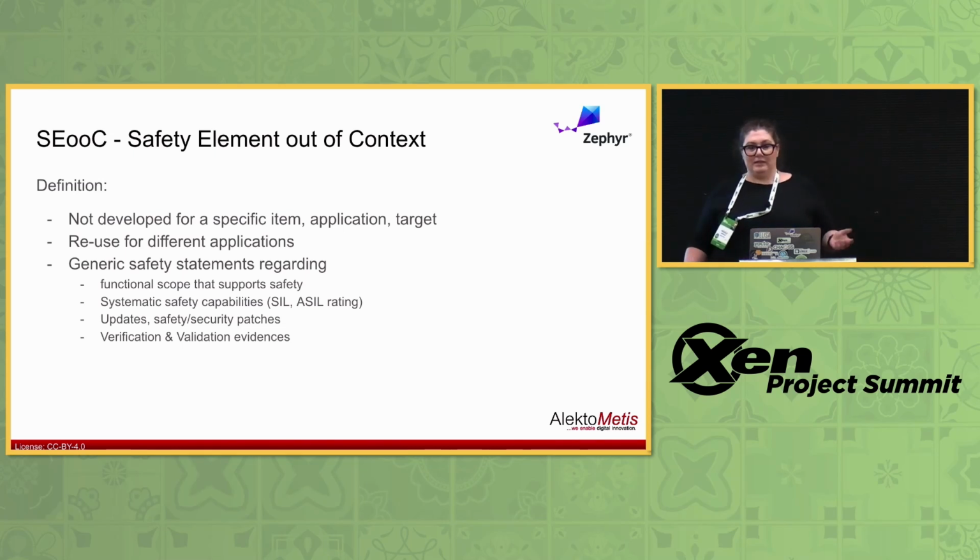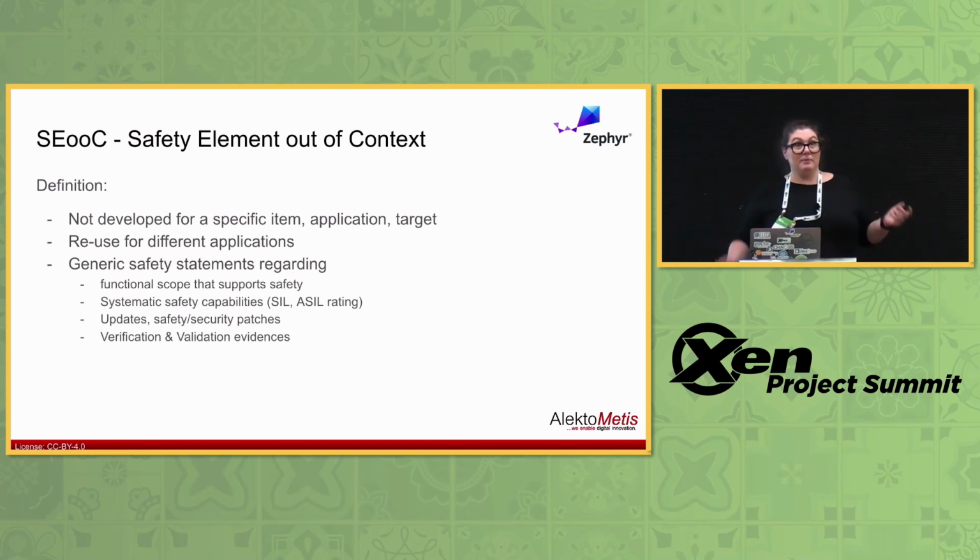And it usually then comes with some generic safety statements regarding its scope, regarding, hey, we support safety, some systematic capabilities regarding the criticality level, SIL, ASIL, all that stuff.